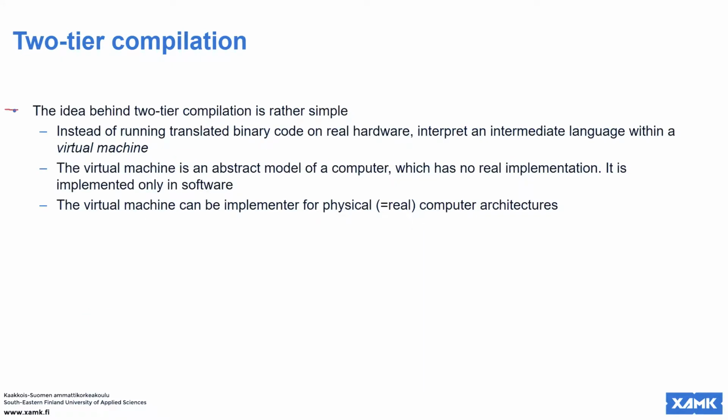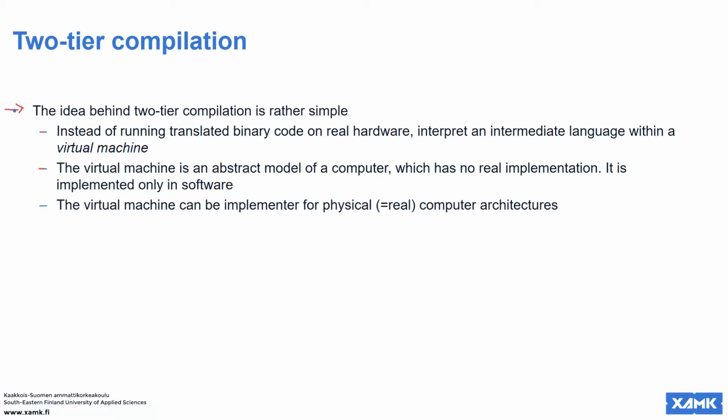So the idea behind two-tier compilation is rather simple. Instead of running translated binary code on a real hardware, we create some intermediate language and interpret it using a virtual machine that runs on the real hardware. And this virtual machine is an abstract model of a computer which has no real implementation.